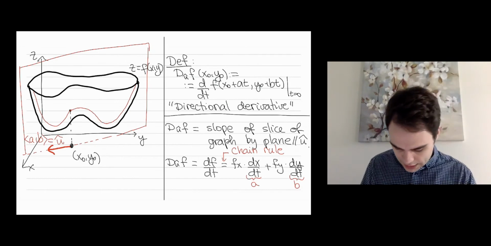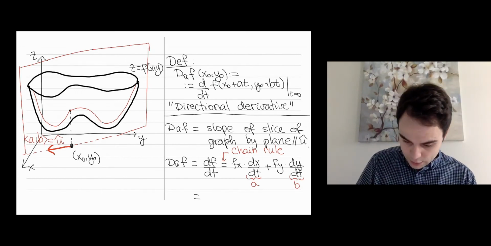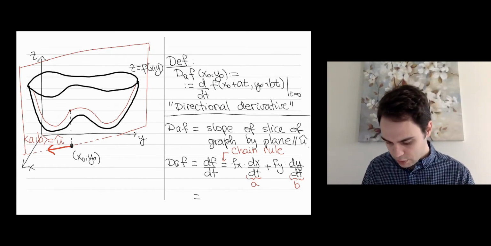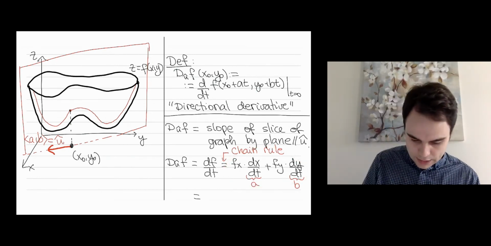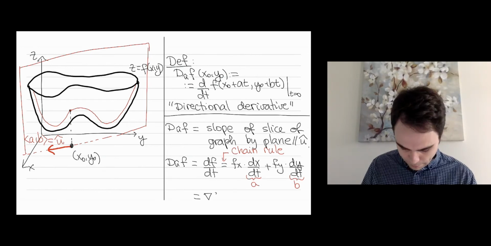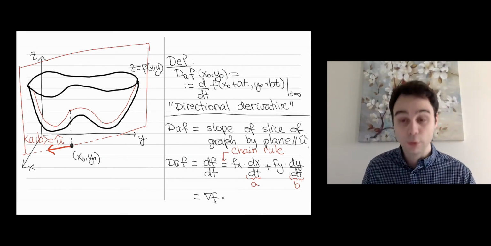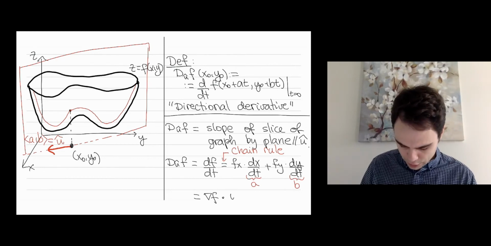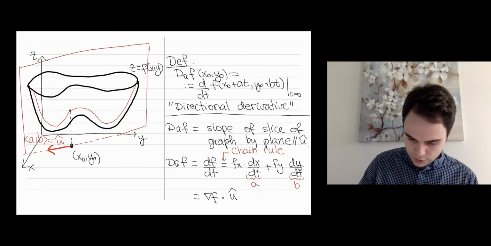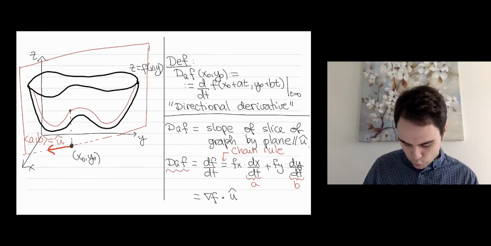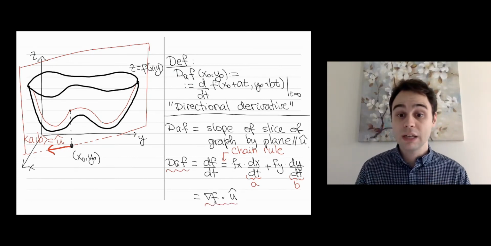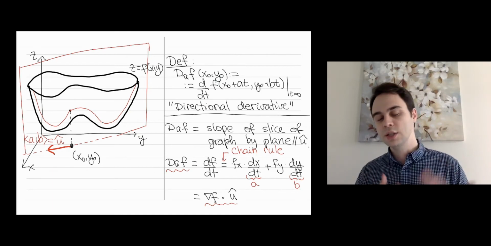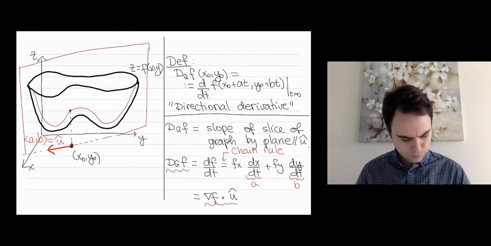So you see I get an expression, a sum of two products. This is really a dot product between the gradient of f and the vector with components a and b. We called this vector u before. So in summary, the directional derivative is just the dot product of the gradient vector with the desired direction.